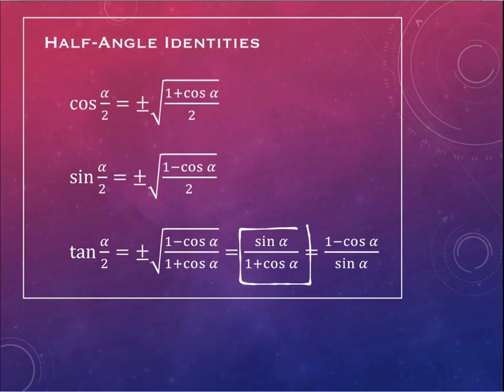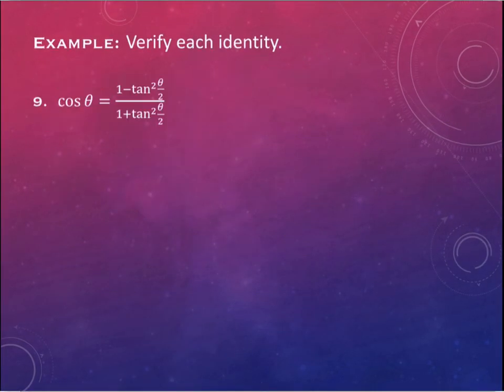So we're going to make a change in our tangent of alpha over 2, and in both the locations where we have it, we're going to write sine of alpha over 1 plus cosine of alpha. Okay, let's see how it goes. So we have 1 minus sine of theta over 1, was it plus cosine of theta?